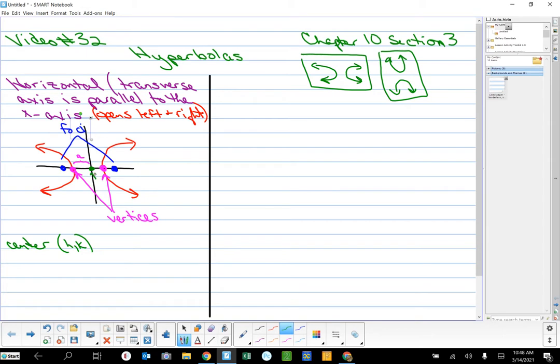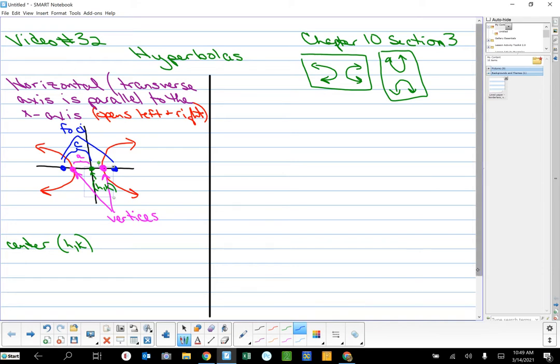That's this guy right here, (h, k). a is the distance a vertex is from the center. c is the distance that a focus is from the center. And then b comes into play when we do these manually. So the center is (h, k), no matter which way it goes.